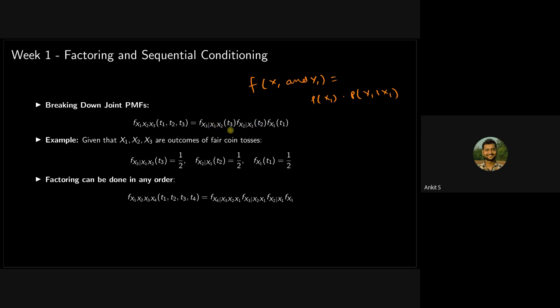Then similarly for this case, you can multiply and it will be broken down. That's the way. It may look very theoretical, but it will be helpful when you solve some problems. It will be clear. Factoring can be done in any order. I have taken x1 here, but you can first calculate the probability of y1 and then x1 given y1.